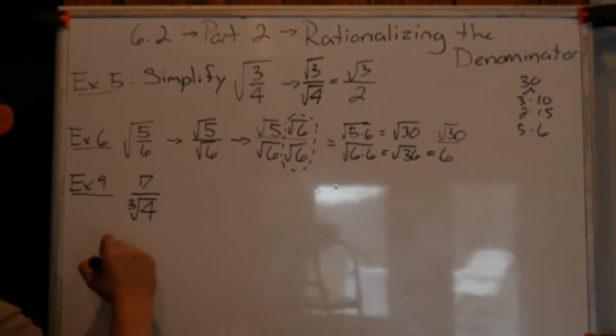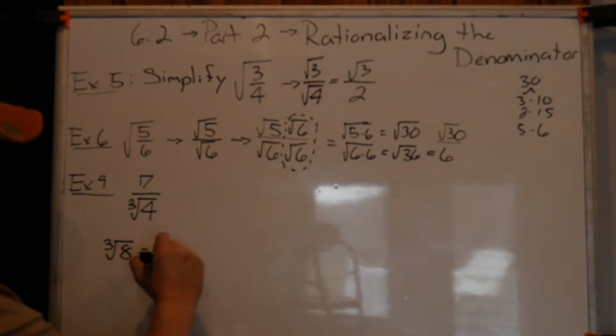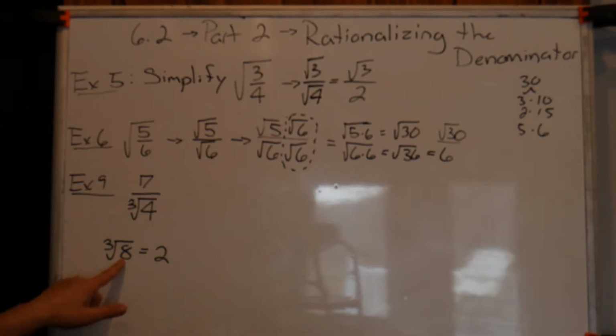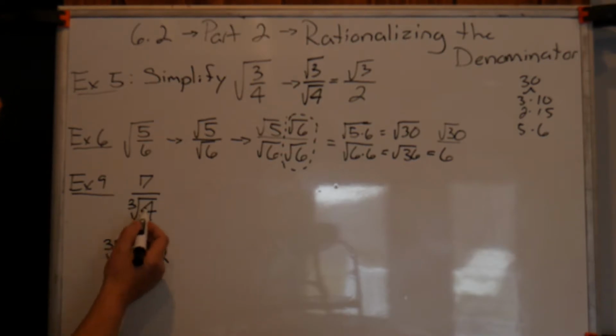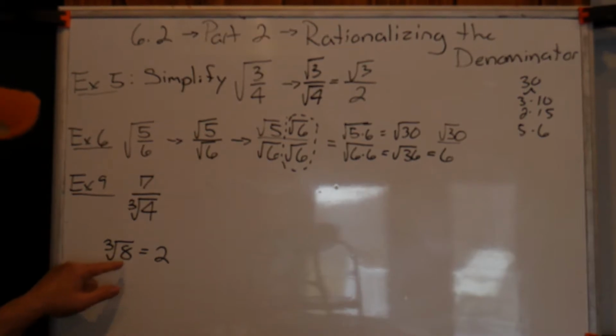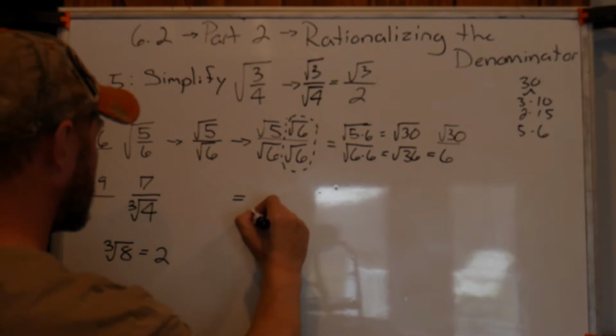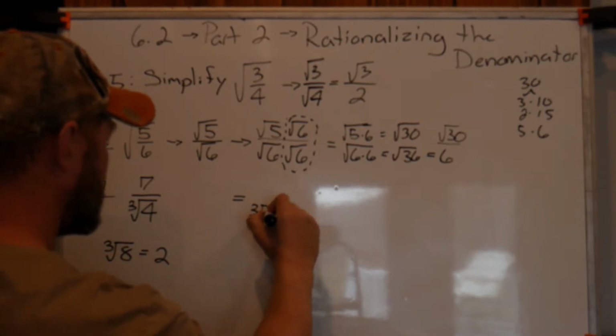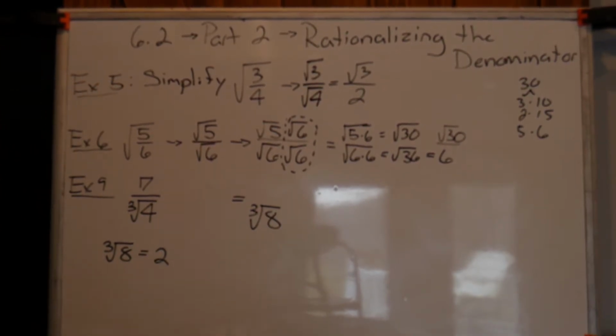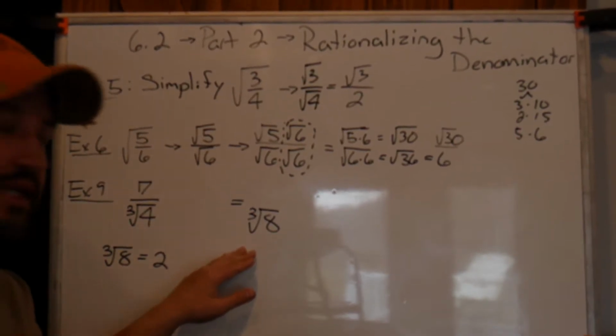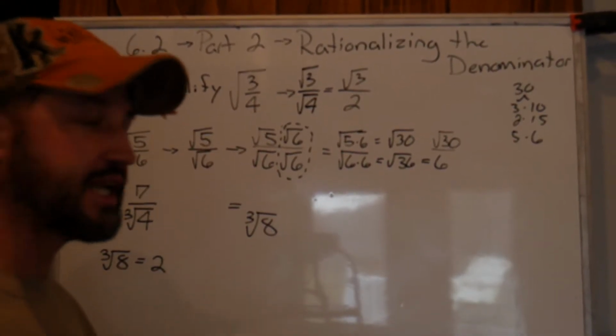You know by now that 8 has a perfect cube root. Cube root of 8 is 2. I know that 4 goes into 8. So what I need to do is get a cube root of 8, because if I get a cube root of 8, I have 2 and I have rationalized the denominator.